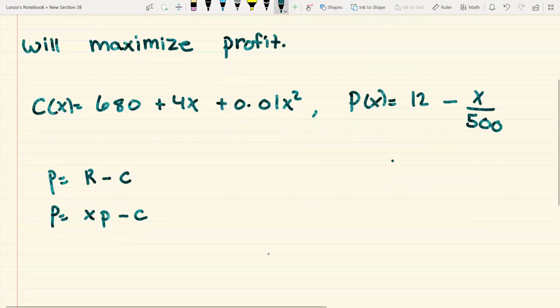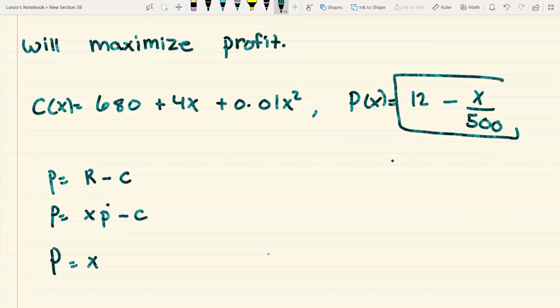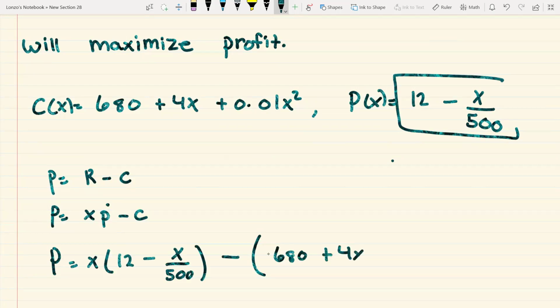We do have our demand function, so it's going to be x times 12 minus x over 500, minus the cost function, which is 680 plus 4x plus 0.01x squared.